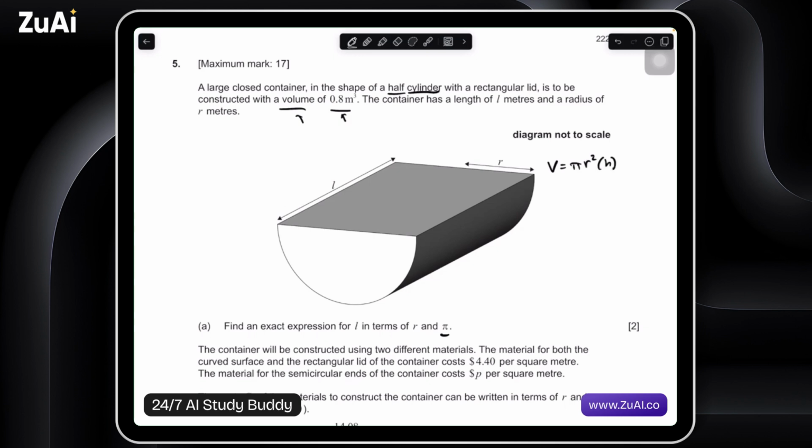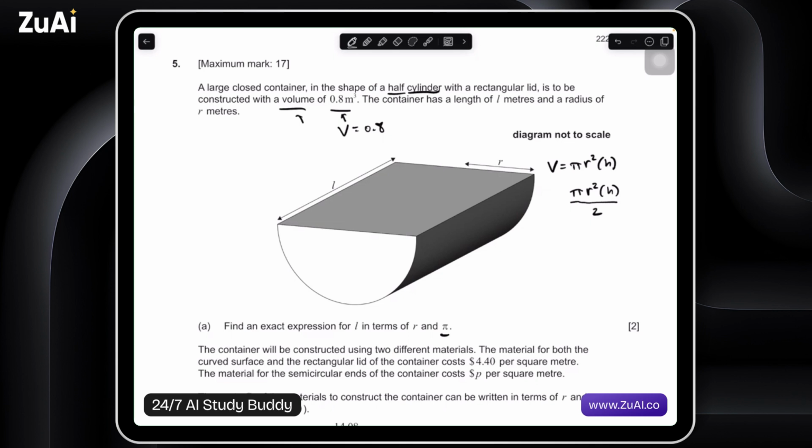But we don't have the volume of a whole cylinder here. We just have half of a cylinder. So I'm going to write it just in terms of what we have here. Our volume itself is equal to 0.8. As an expression for a whole cylinder it's pi r squared times h, but we only have half of a cylinder.